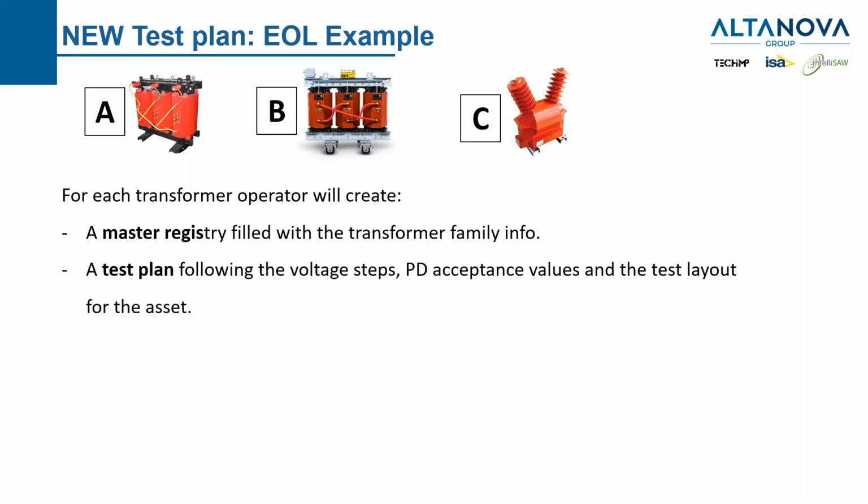Then we will create a test plan that is designed to follow the voltage steps and the PD acceptance criteria, which are standardized for this family, and eventually a calibration file that we can load if we want to run an IEC 60270 test. Since we are always testing the same asset, if we want, we can have a standard calibration to be run all the time without injecting the pulse all the time, if it is standardized equipment.